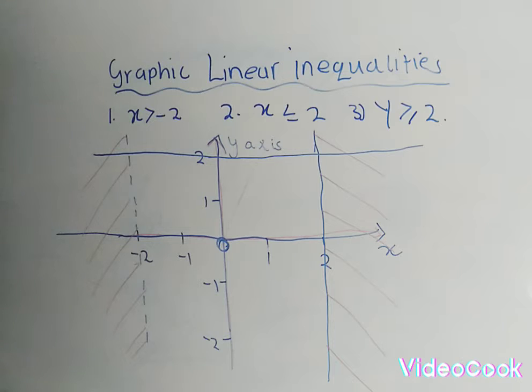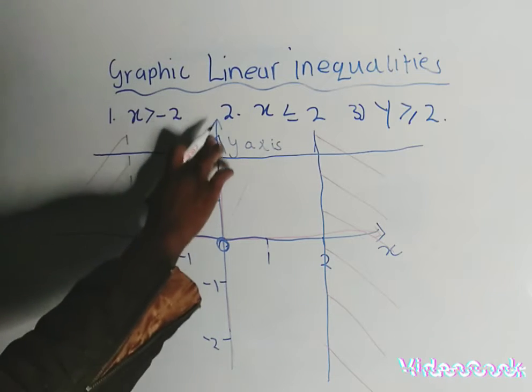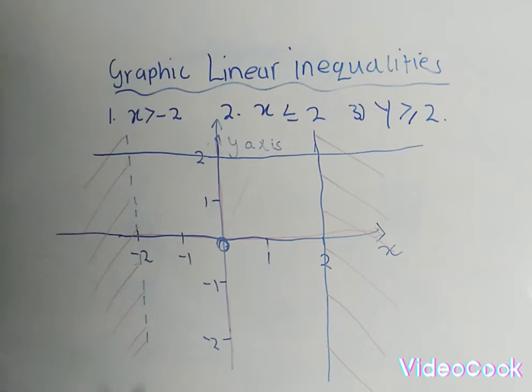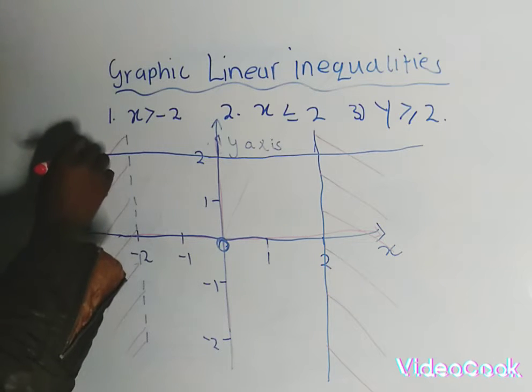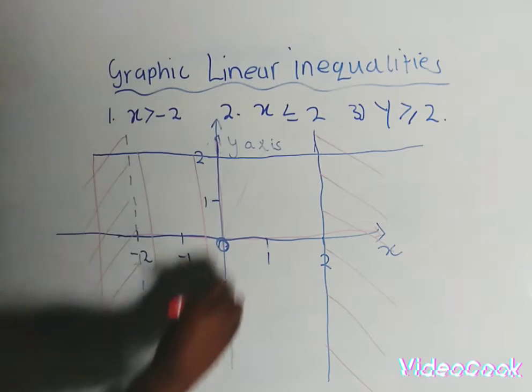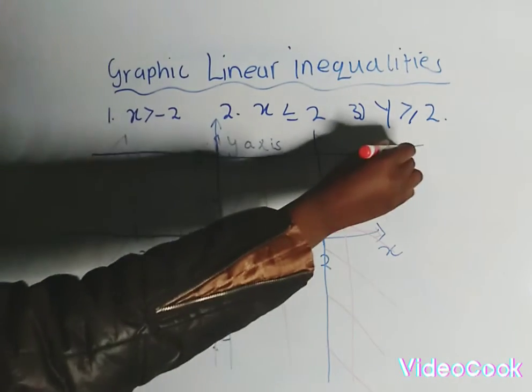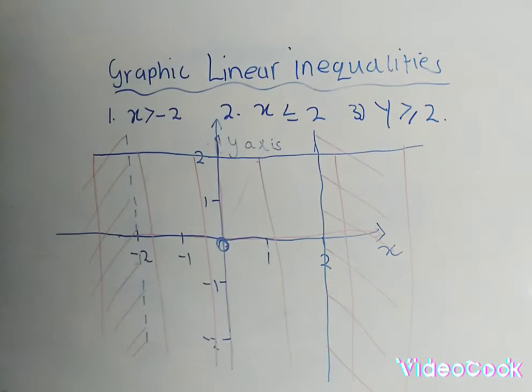They said our values for y are the ones greater than or equal to 2, meaning we want the values that are above 2, okay? So we shade at the bottom. This will be our unwanted region. Take note where I'm shading from, all the way from there, to show that this whole region we don't want, okay? I hope you guys are following. I hope we are together on this one. So this is how we show these inequalities on a Cartesian plane.